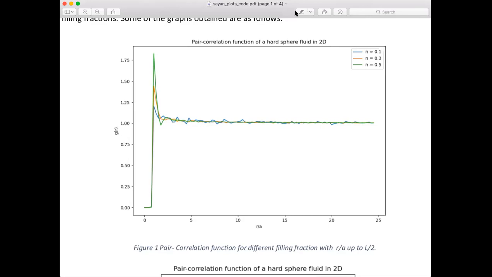It was basically the number of particles per area per filling fraction for a single R. Yeah, there was a division by average n, right? So on dividing, we shouldn't get different peaks.